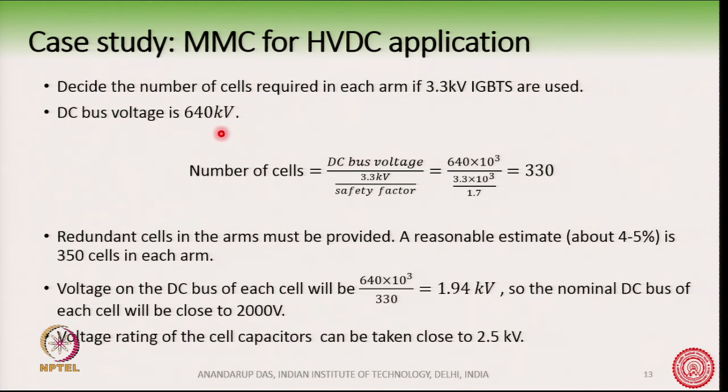Now, the DC bus voltage is around 640 kV. So, the number of cells we can choose as the DC bus voltage divided by 3.3 kV by a safety factor, which gives us about 330 cells if we use 3.3 kV IGBTs.